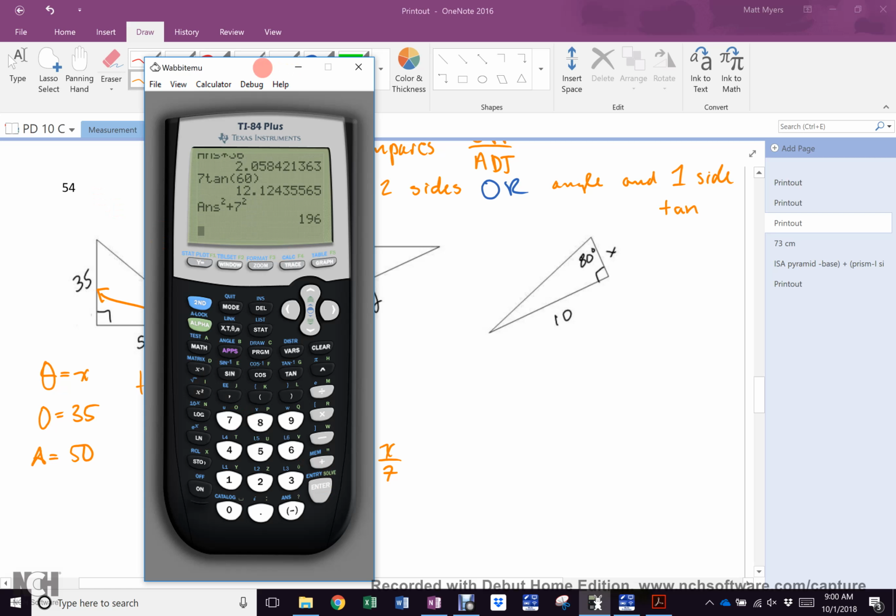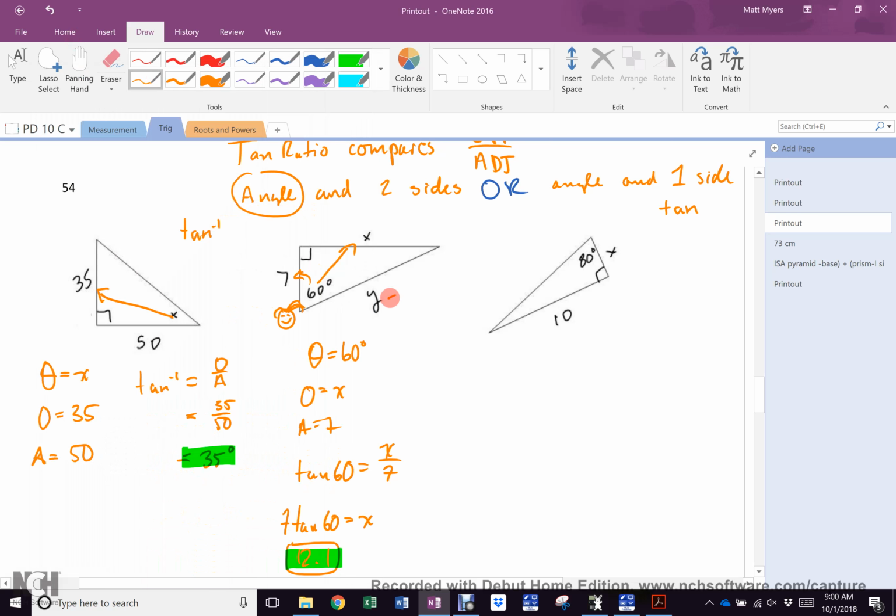Okay? Now, some of you will be able to do this. You know that this is going to be 12.1 something now, right? Some of you, by the time you're done trig, will say, okay, that means this is 7 tan 60, correct?